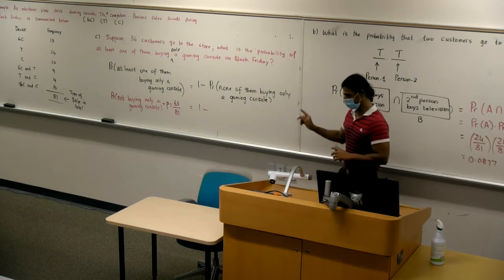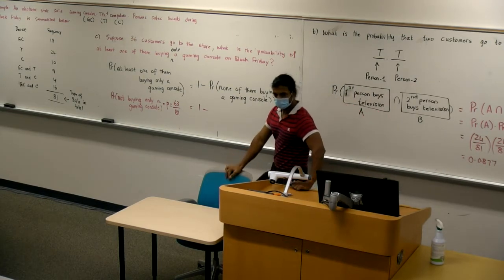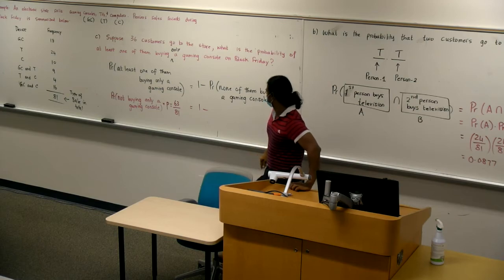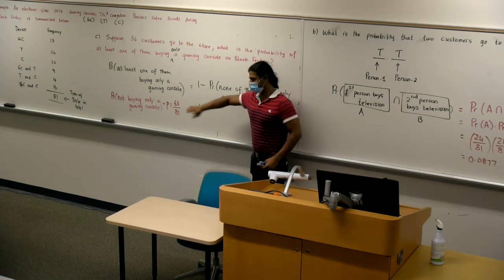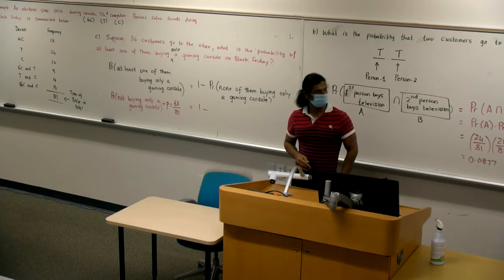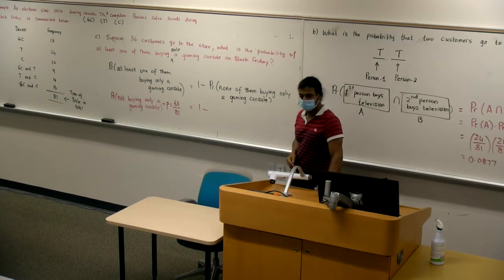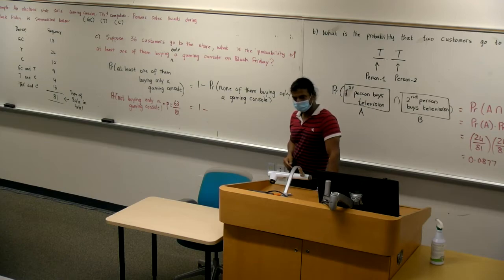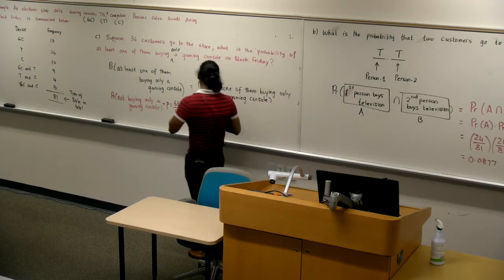For all 30 individuals, what are the chances that they all don't buy only a gaming console? Do you have to add 30 as an exponent, because you would have to do 63 over 81? Correct.